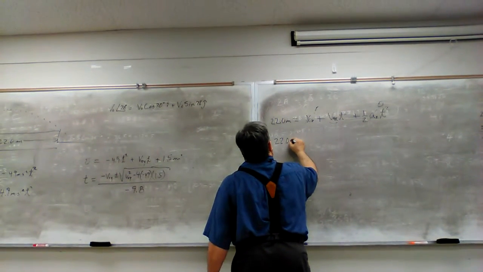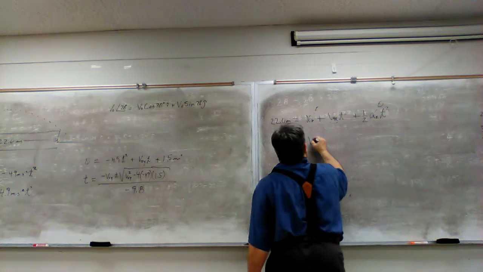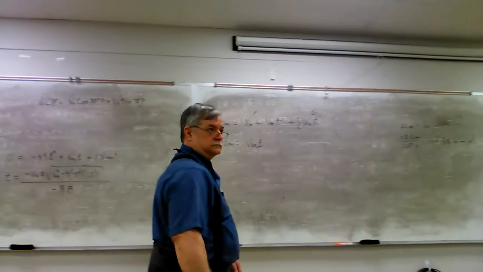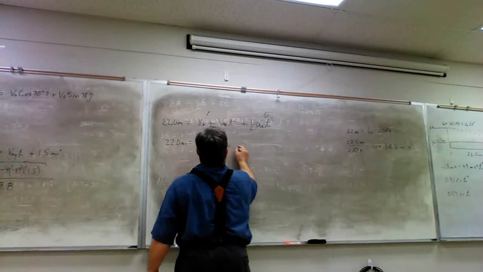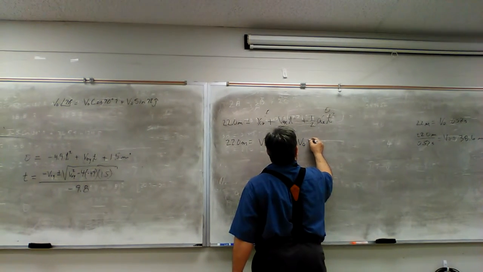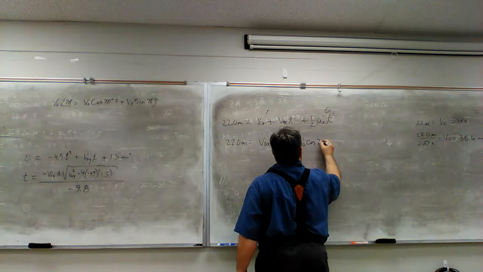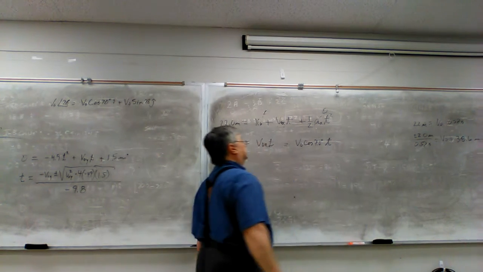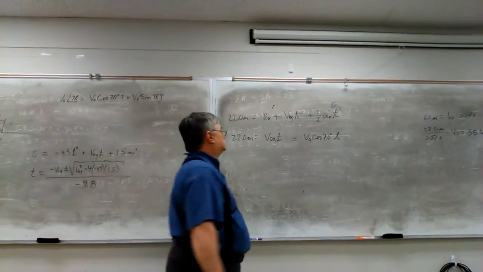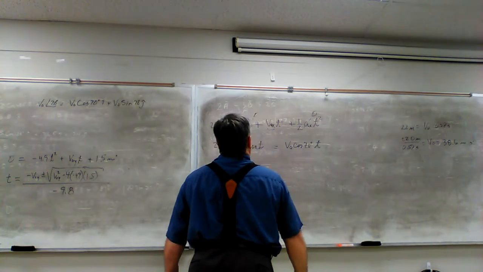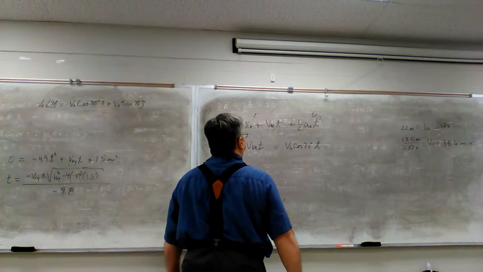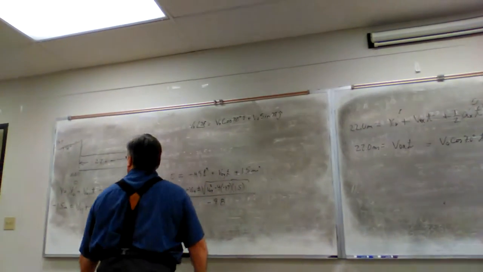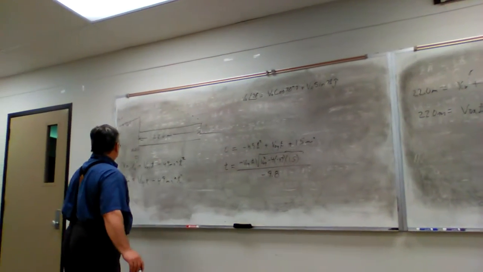So we basically got 22 meters is equal to v sub naught x times time, which we can write as v sub naught times the cosine of 7 degrees times time. And that's 22 meters. We've also got, what do we have here?